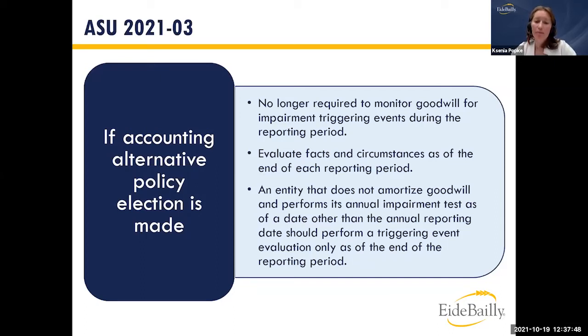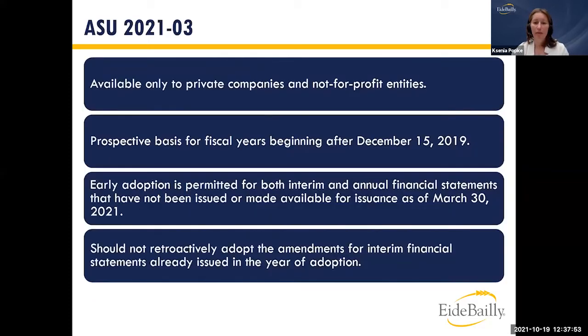And so again, something I think that simplifies some of this accounting and allows not-for-profits to focus on their mission instead of testing goodwill at every possible triggering event, of which I think there were quite a few in the last 18 months. So it's available to private companies, but also not-for-profits. Again, not just a not-for-profit specific standard, and early adoption is permitted.